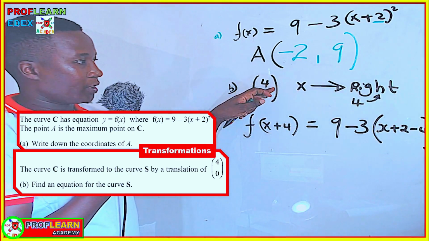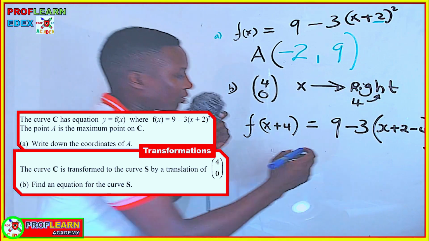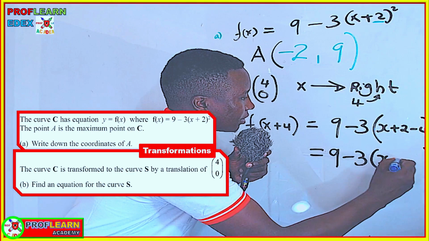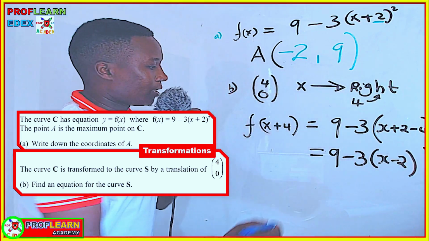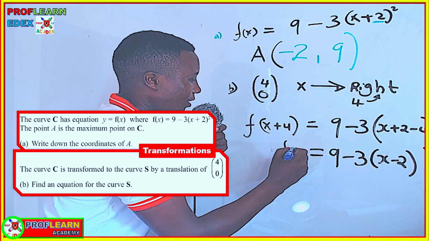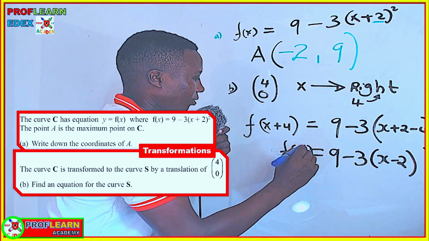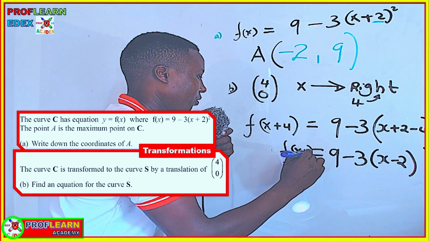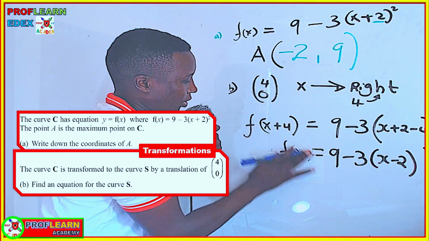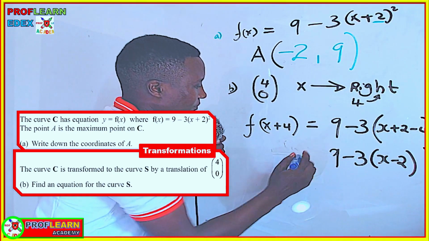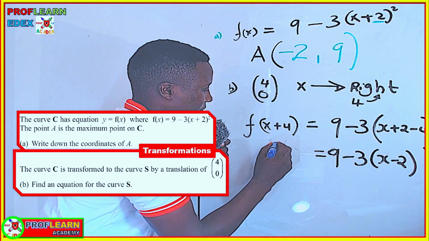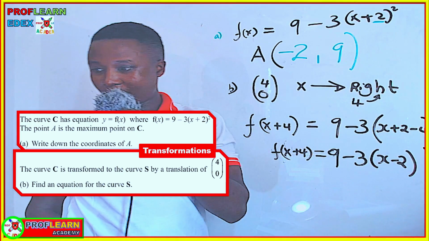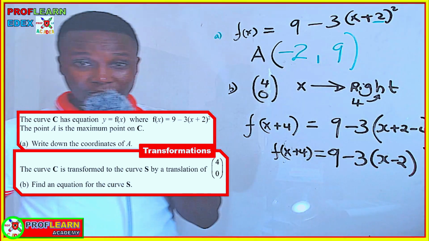Because this is a positive, we do the opposite as we agreed from the previous section. 9 minus 3 into (x minus 2) squared as the equation of S now. The equation is this one. The equation of the transformation. Yeah, so this is the new equation of the transformation.